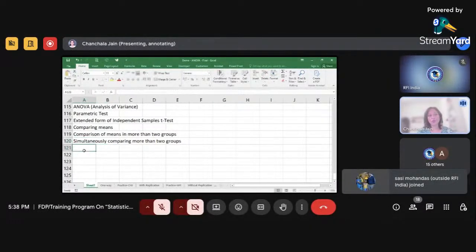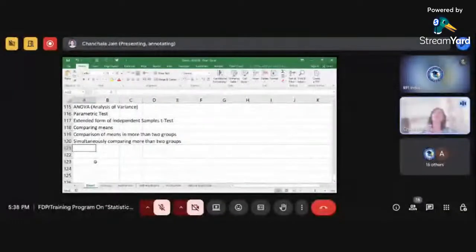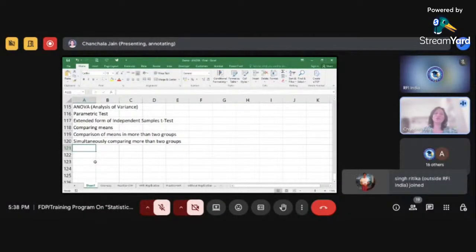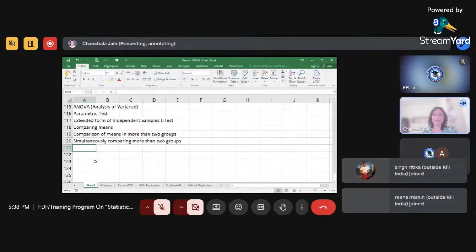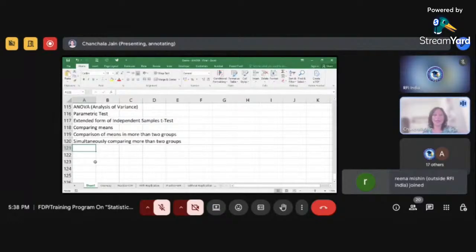Now, ANOVA, as the name itself says, is analysis of variance. That means we want to see the variance in the mean in various groups. What is the variance coming in the mean in the various groups? That way we give this particular test the name ANOVA, analysis of variance, right?